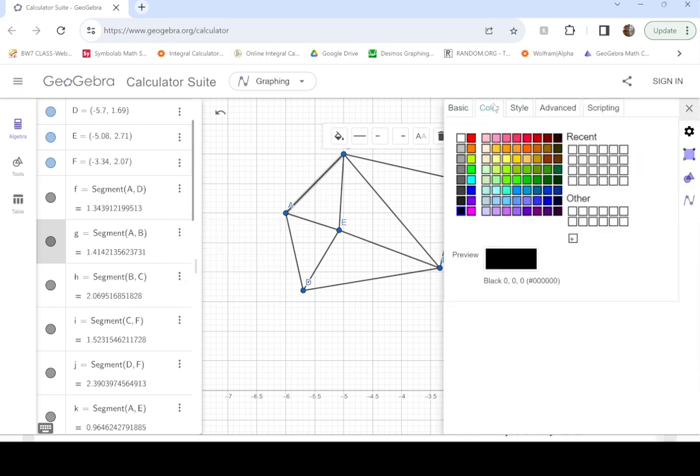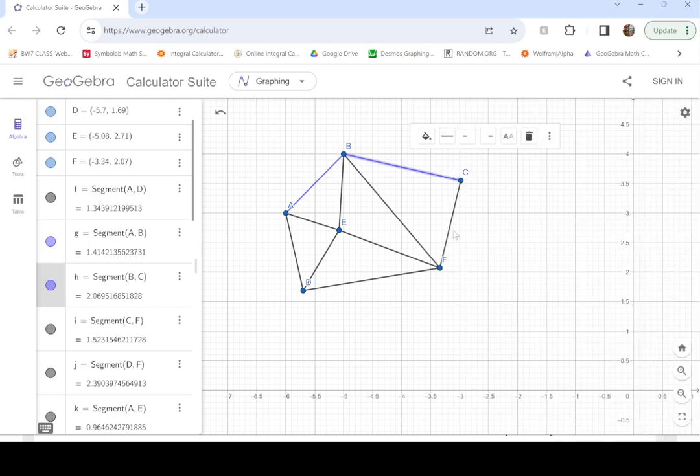Let's bold the color here, something that'll be in contrast. Okay, there we go. So if we start here, we visit that first vertex from A to B. And then I'm going to scroll over to C. And then I'll make my way down to F. So you see this would be the path that we take.